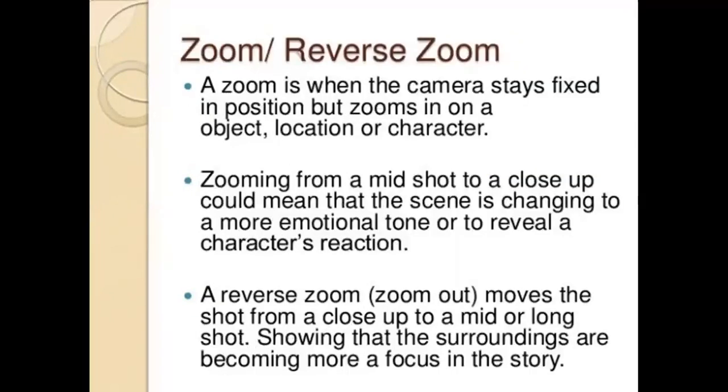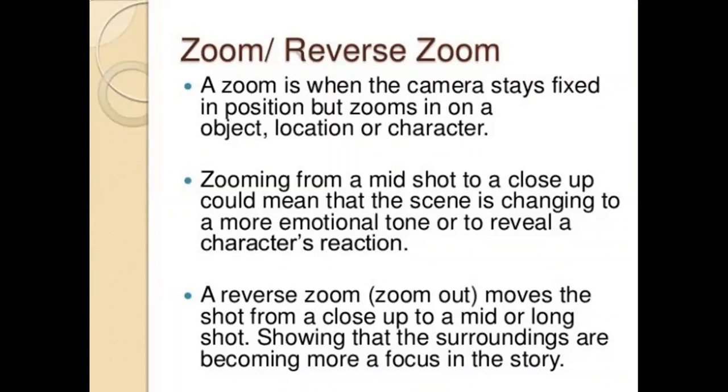Next, we have a zoom and reverse zoom. In a zoom, the camera lens is used to move closer to or farther from the subject, like zoom in, zoom out.